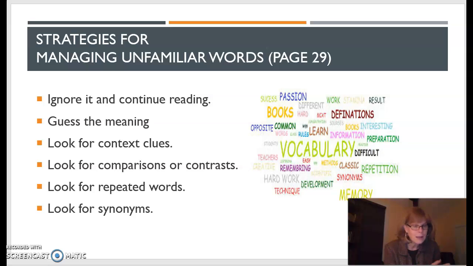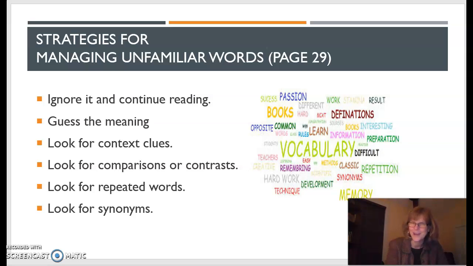Sometimes you can use the context. Look for context clues as you go, and that will help you guess the meaning. Many readers will look for comparisons or contrasts, similarities or differences that will help them figure out what a word means. Sometimes there are repeated words, and sometimes there are synonyms, and those can be really helpful as you're trying to find the meaning of the word but not stop reading.